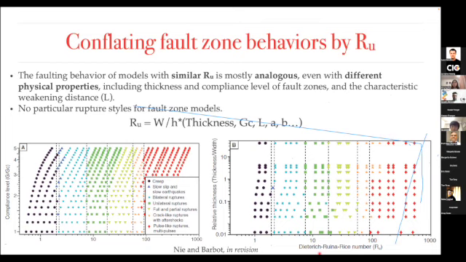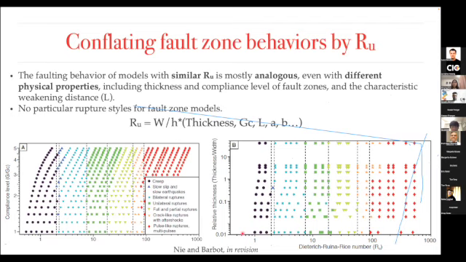And the y-axis here, the left side, is the compliance level, and the right side is the relative thickness, meaning the thickness over the width of the fault. From this, we can tell that the RU number predicts the models' complexities well, because we see that models with similar RUs tend to behave similarly, with different fault zone parameters like different thickness and different rigidity.